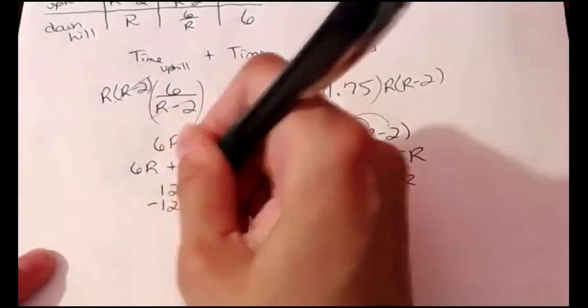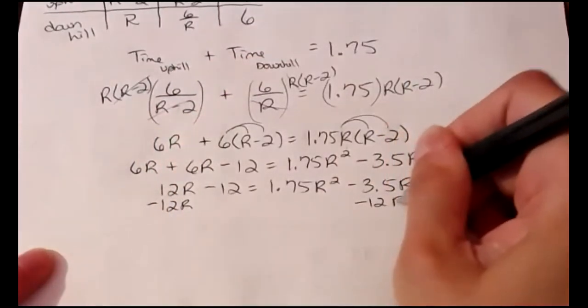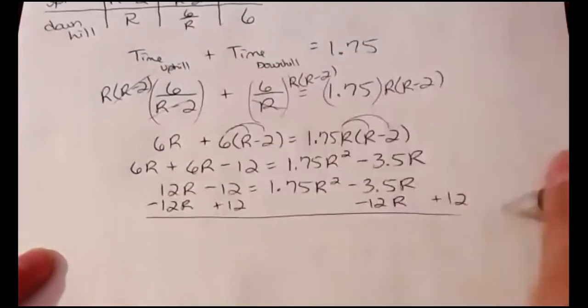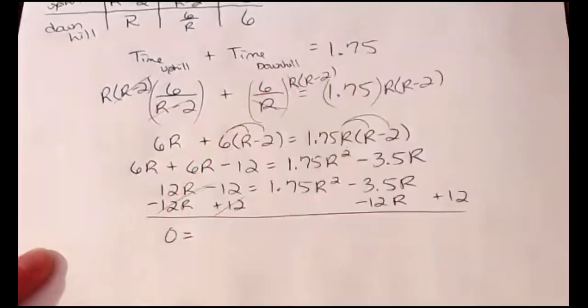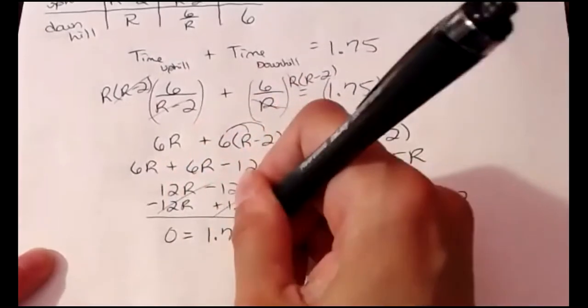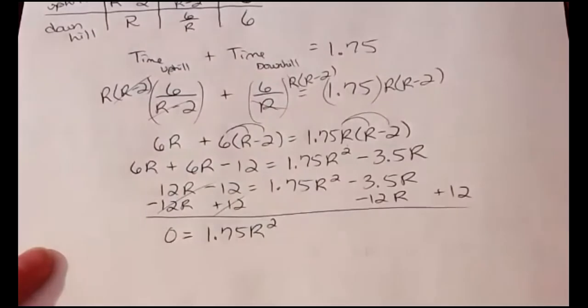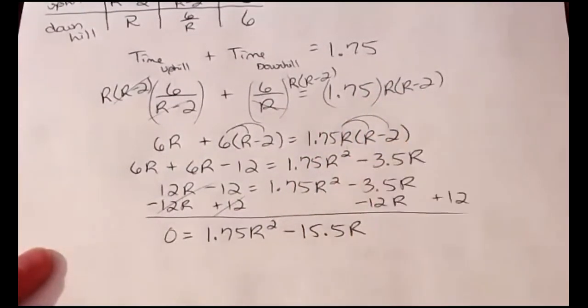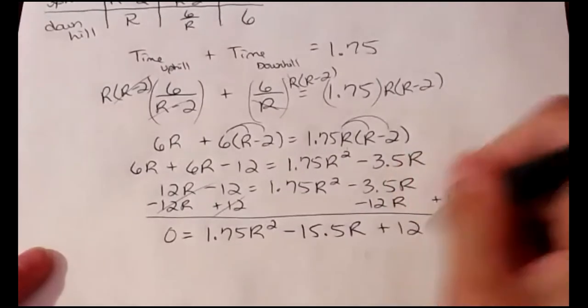So I'm going to subtract 12r, and I'm going to add 12. Setting this equal to 0 leaves us with 1.75r squared. Combine these two, negative 15.5r, and then plus 12.